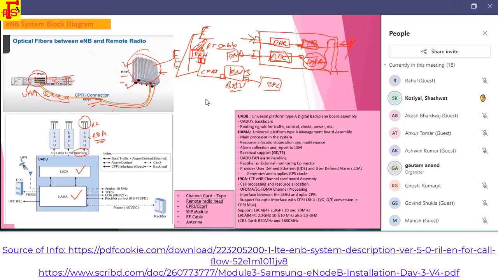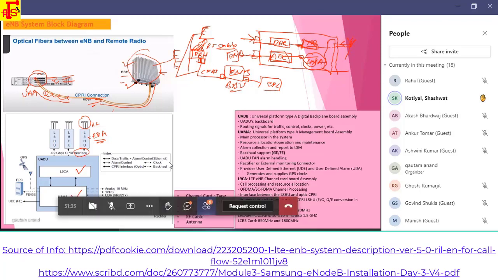Which DAC? Digital to analog converter. This is part of RRH: digital to analog converter, analog to digital converter. No, in my understanding, it goes to your FSP processor, then it does your IFFT operations. So that is part of your baseband processor.